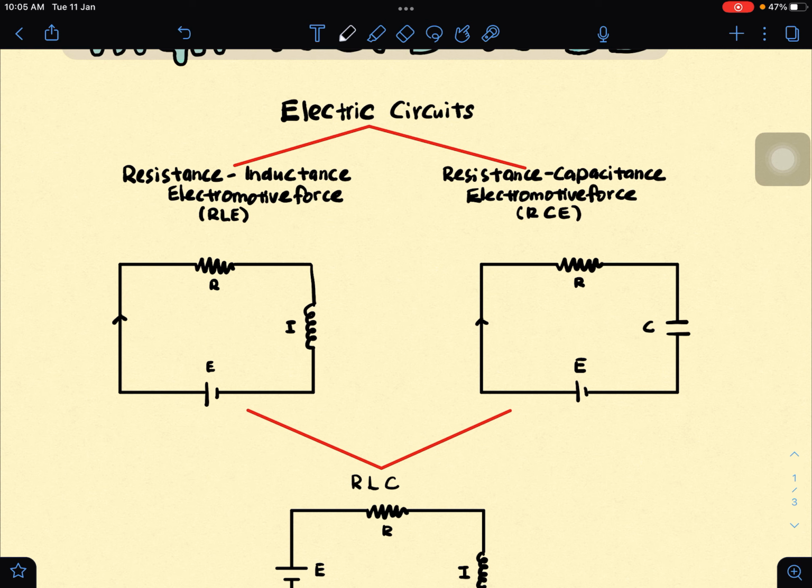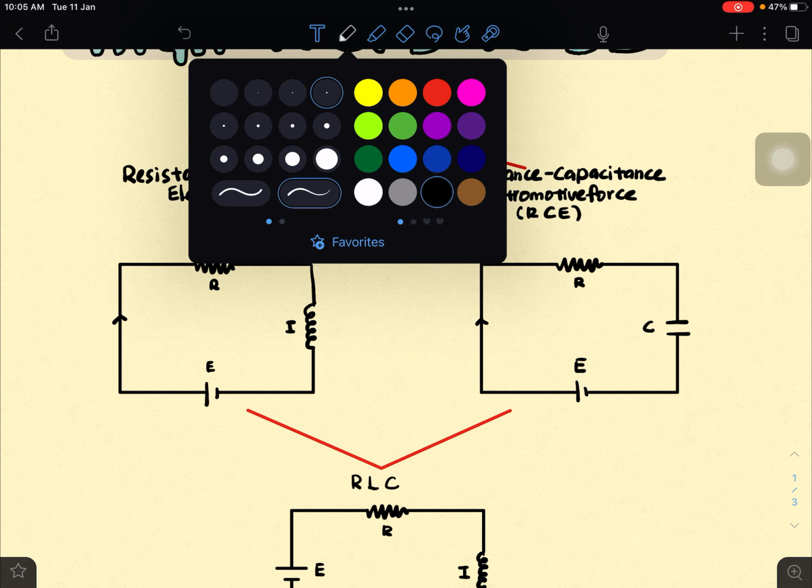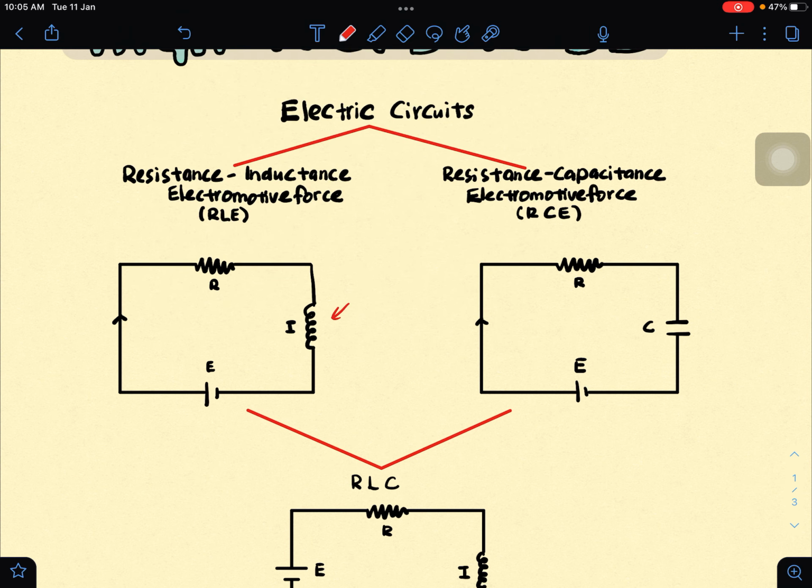Okay, so bila kita ada RLE means that it involves the inductor. Okay, so here we have the inductor in the electric circuit, and when we are talking about the RCE, it involves the capacitor and also the resistor. RLE means the resistor and also the inductor.